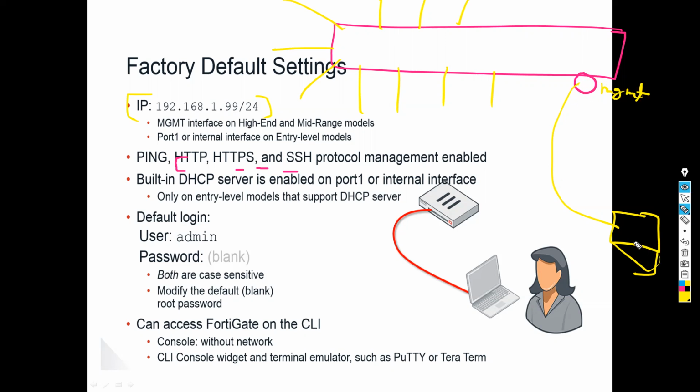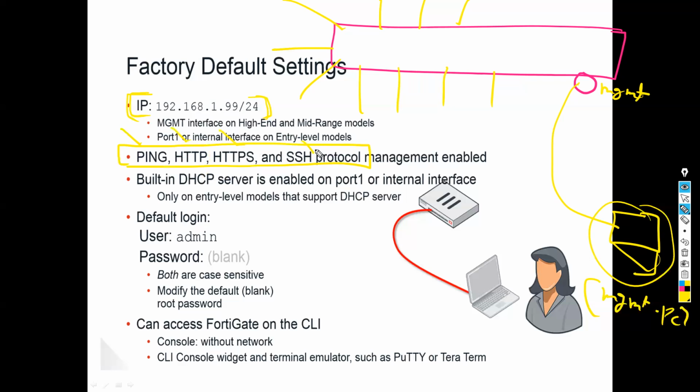You can connect with the management PC, and with this IP address I can configure the same series of IP on the management PC. From this machine, I can check connectivity because by default these services are enabled on the management port: ping, HTTP, HTTPS, SSH protocol, only on the management port.